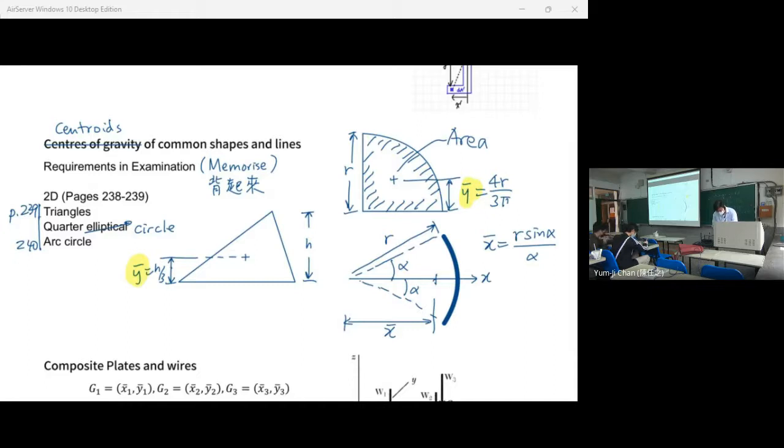This x bar is the distance from the center C to the centroid here.